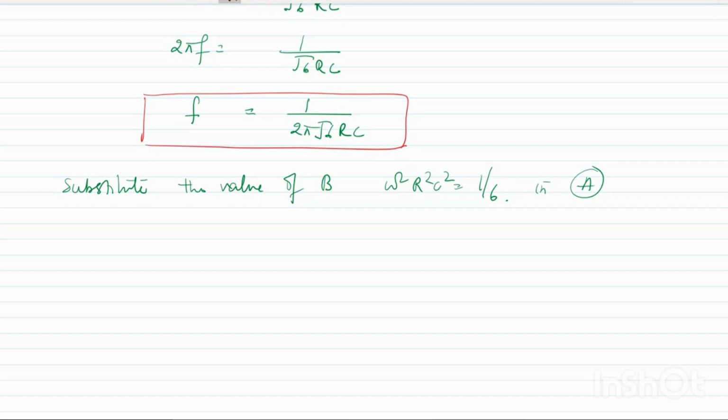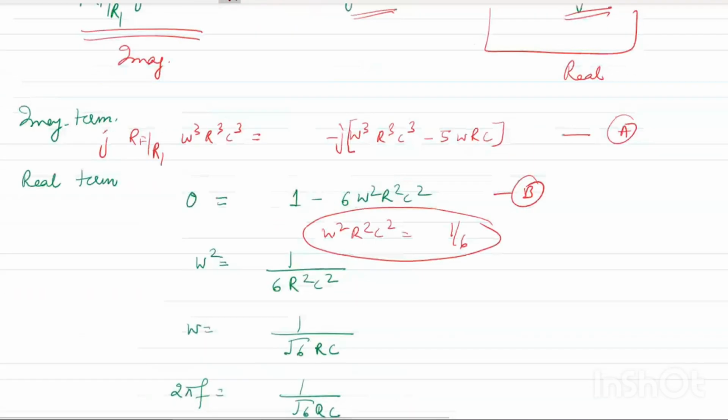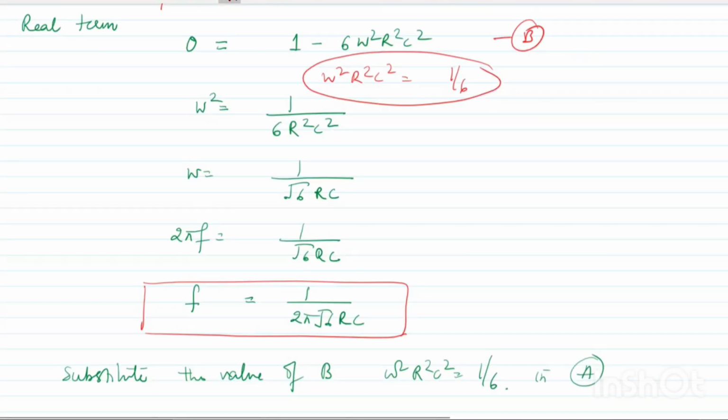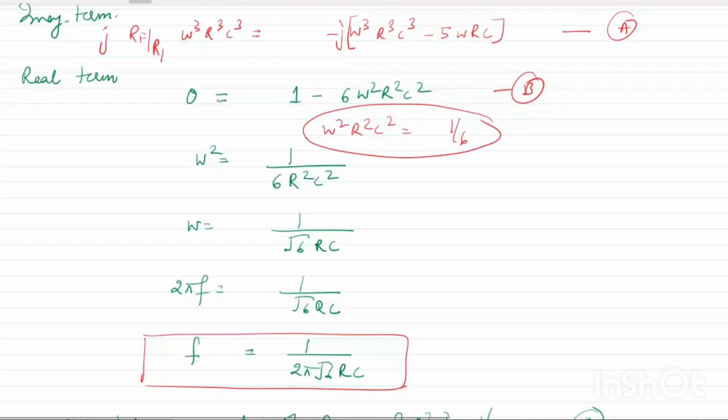A में हमको क्या मिला है? Minus RF upon R1 omega cube R cube C cube equals to, we are getting here, omega cube R cube C cube minus 5 omega CR. हमने J टर्म को हटाया ना. देखो क्या मिल रहा था यहाँ पे. J RF upon R1. तो माइनस नहीं है यहाँ पे.